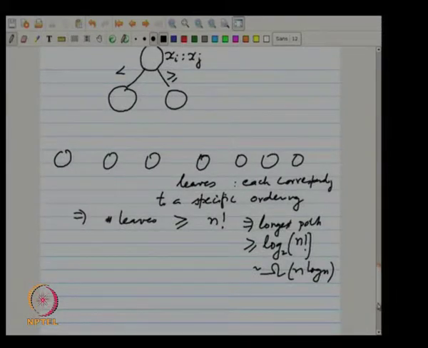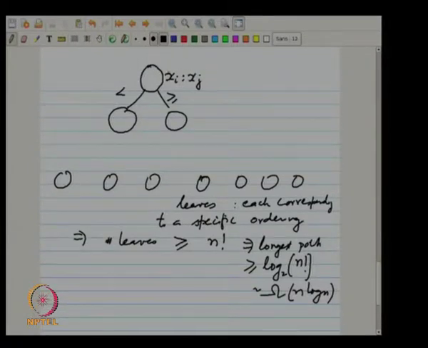and we do not actually count anything else, right. So the comparison tree model only counts comparisons.